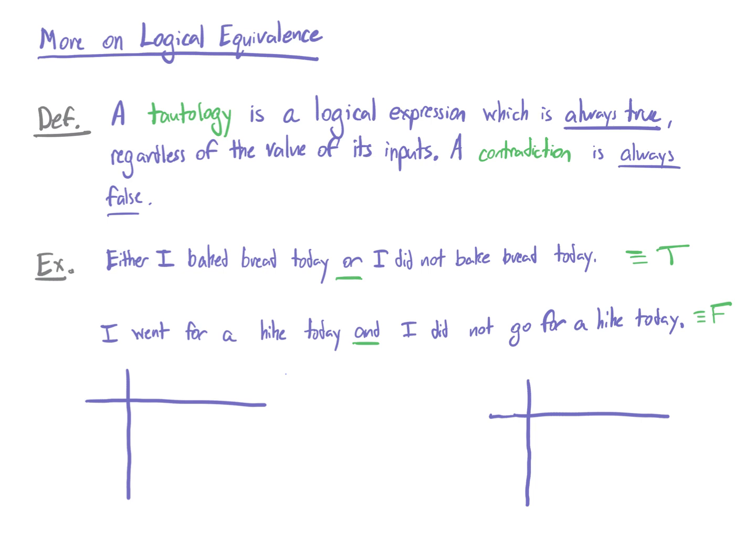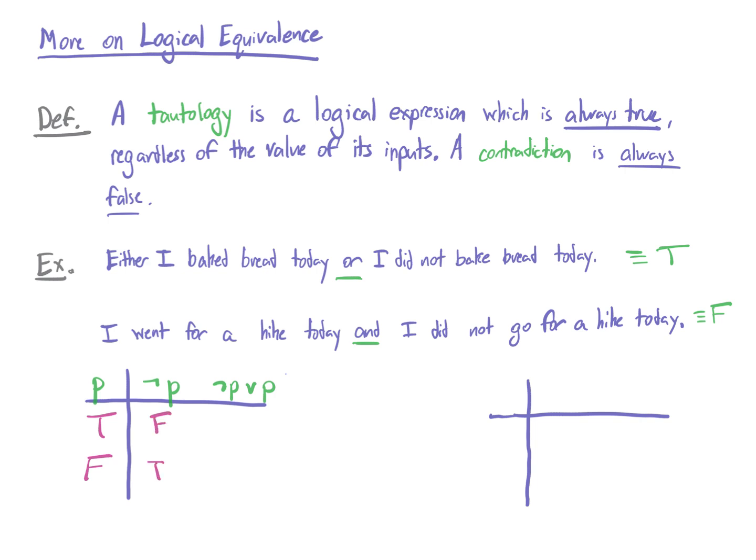We can formalize these two examples with truth tables. Here's a truth table for the first example. Either I baked bread or I did not bake bread. So I'm going to form a truth table for not P, and then I'm going to have not P or P. My possibilities are T and F for P. I flip to form the negation.